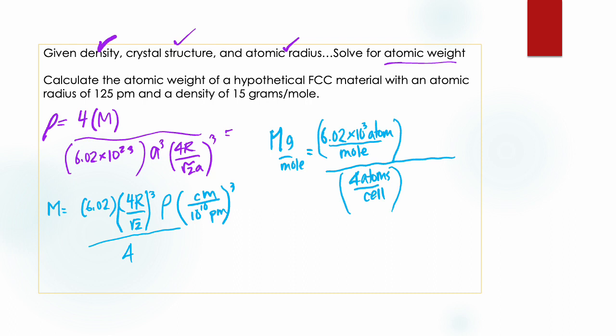So let's see, I'm going to have 4R is equal to square root of 2A cubed times A cubed times density given at 15 grams.